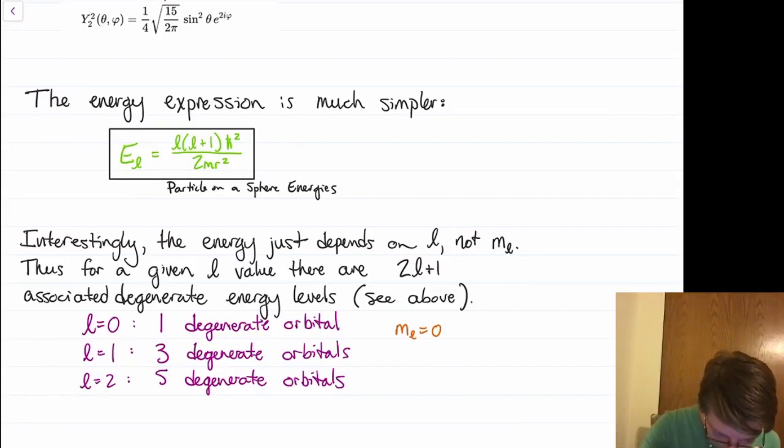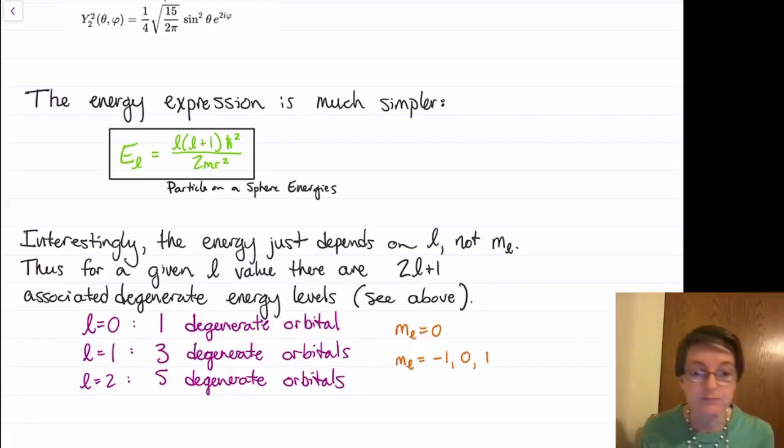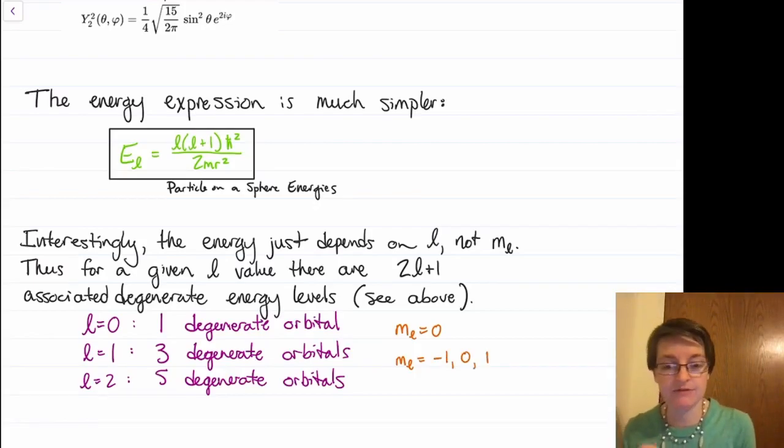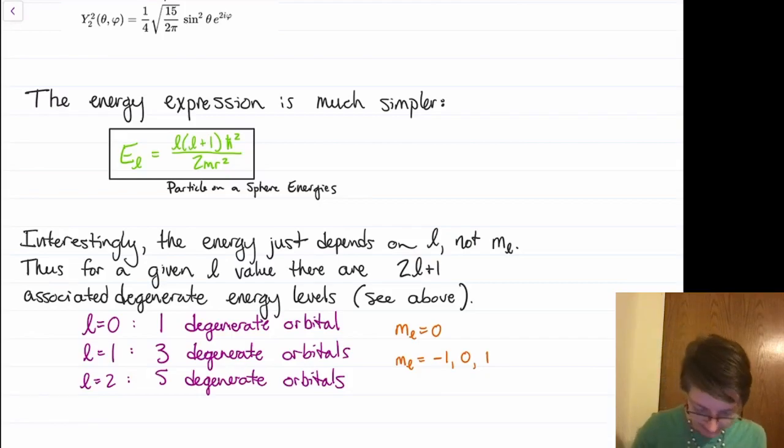If L equals 1, now remember m sub L can be anything from negative L to positive L. So m sub L is equal to negative 1, 0, or 1, all valid quantum numbers that solve the Schrodinger equation for L equals 1. That gives me 3 degenerate orbitals.